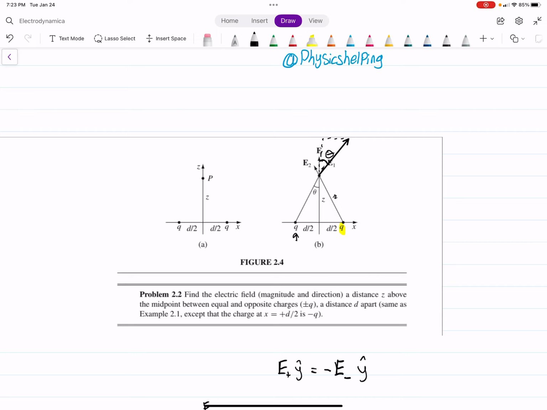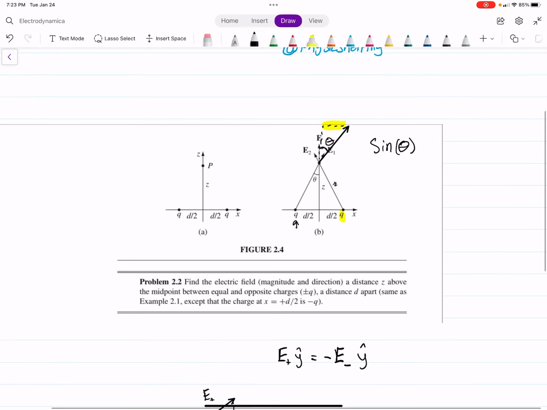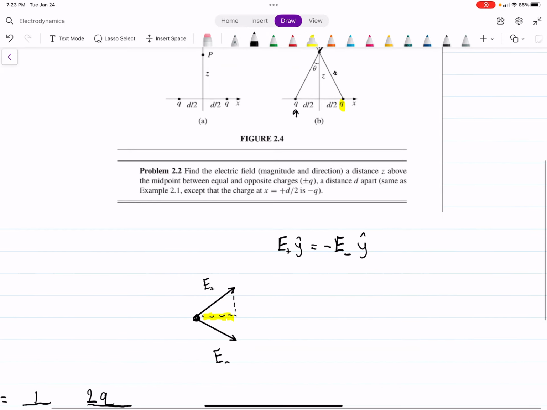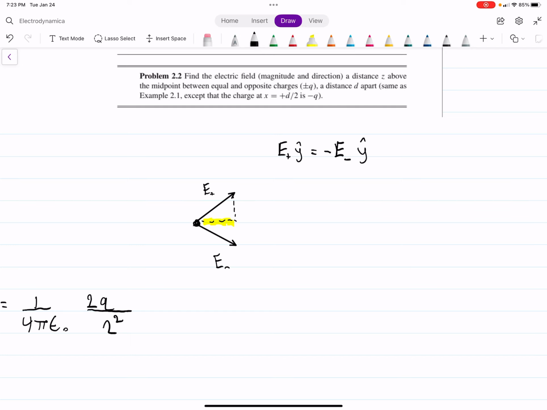So if we just want the x component, we only want this part, and that is, of course, your sine theta part, because it's opposite. So we're going to multiply by our sine theta, and this is our x hat direction.